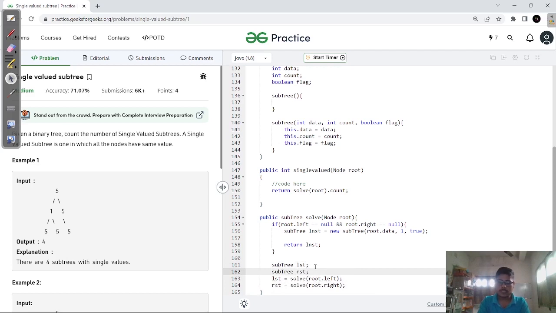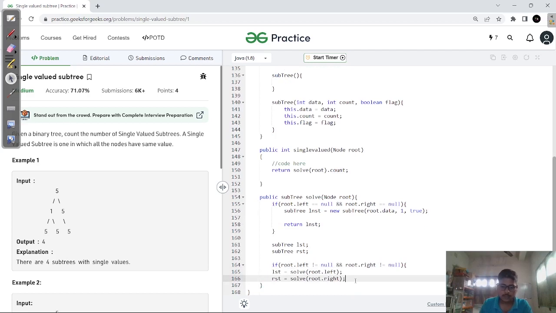It may be possible that our left node is null, so I will call this function if my root dot left is not equal to null and root dot right is not equal to null, right?